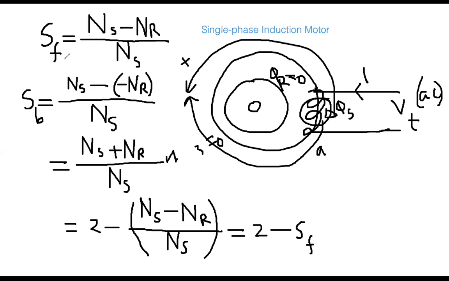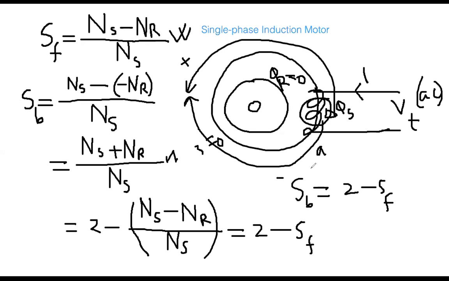Therefore, to solve the problem, you will use this one to calculate the slip due to forward field, and you will use 2 minus SF to calculate the slip due to backward field. This means ultimately you just remember that SB is 2 minus SF.